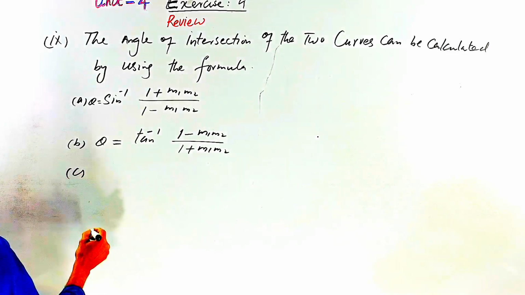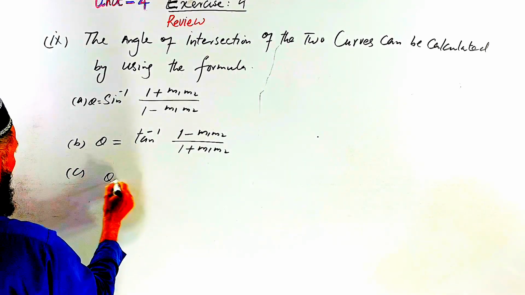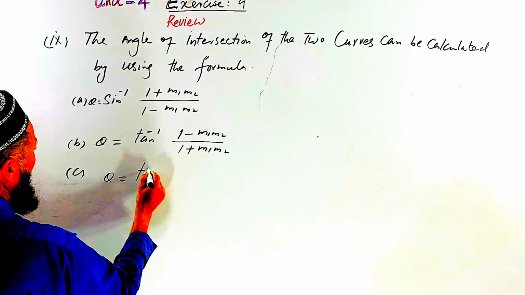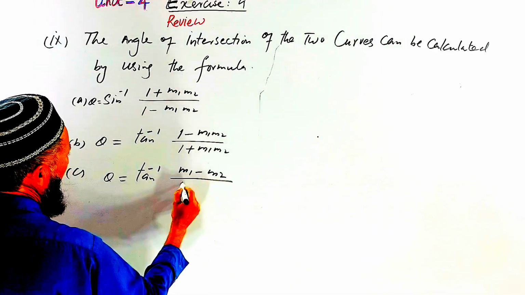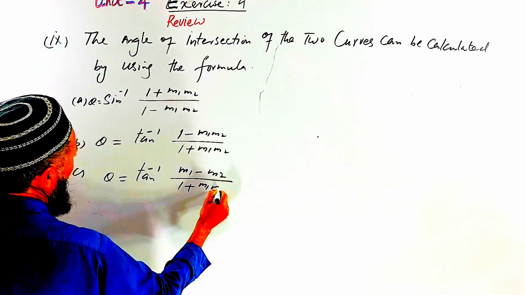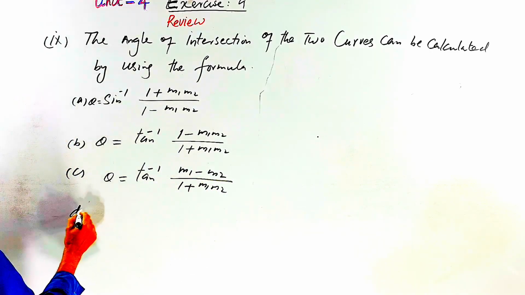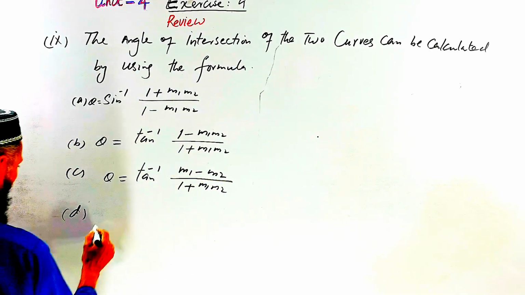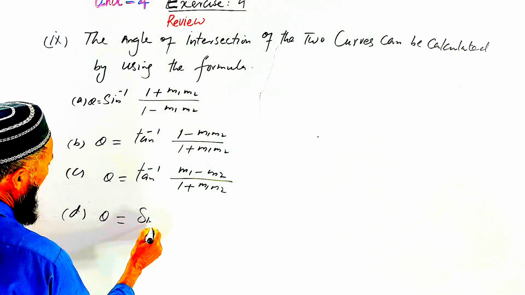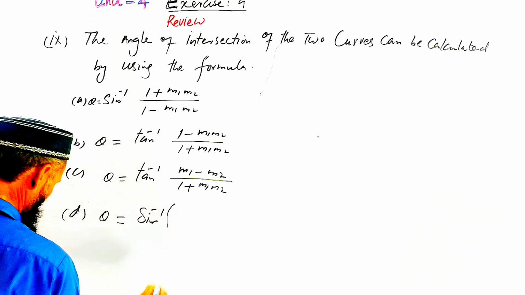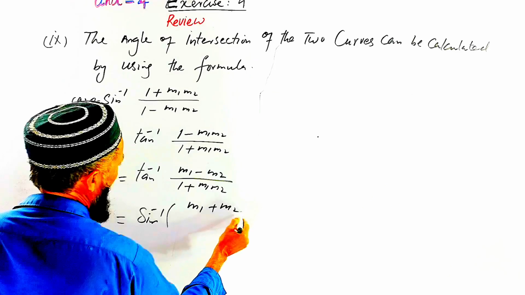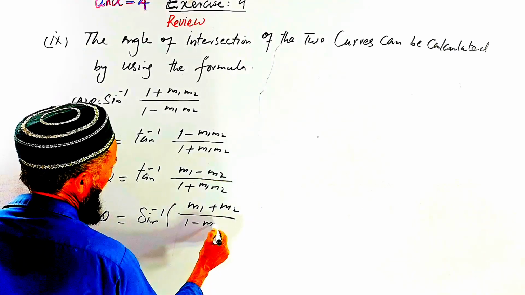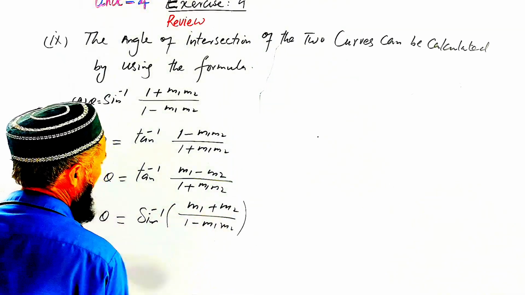Option C: theta is equal to tangent inverse of m1 minus m2 divided by 1 plus m1 m2. And D: theta is equal to sine inverse of m1 plus m2 over 1 minus m1 m2.